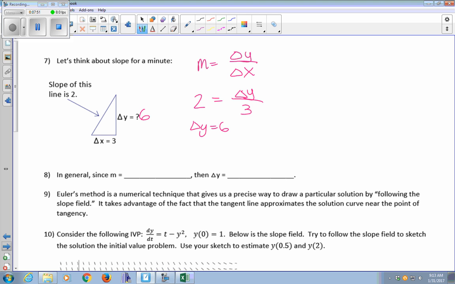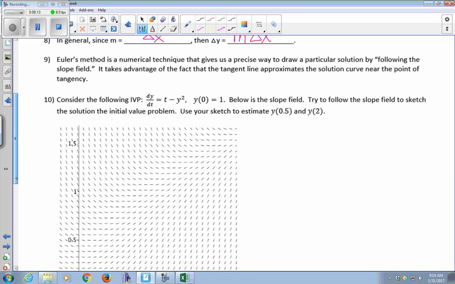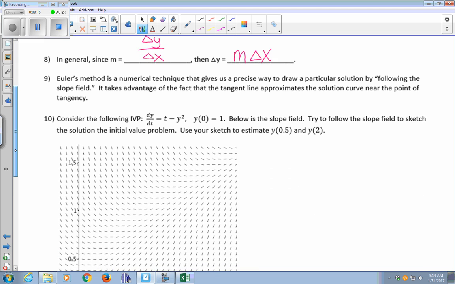So in general, since slope is change in y over change in x, you can always solve for delta y by multiplying both sides by delta x. So delta y is m, the slope, times the change in x. Pretty straightforward, simple concept. We're going to apply this to finding a numerical solution to differential equations.